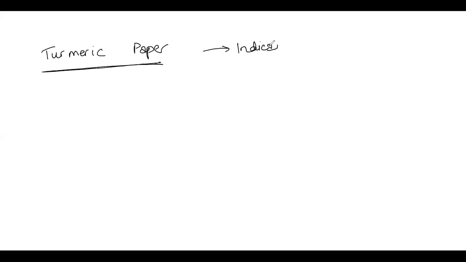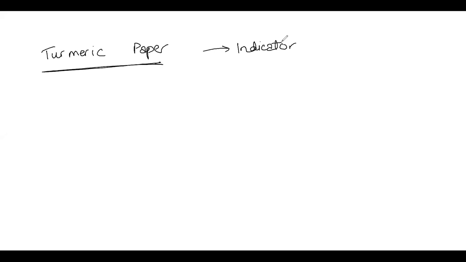She asked the question about turmeric paper. Turmeric paper is an indicator. What an indicator is, it indicates about acids or bases.